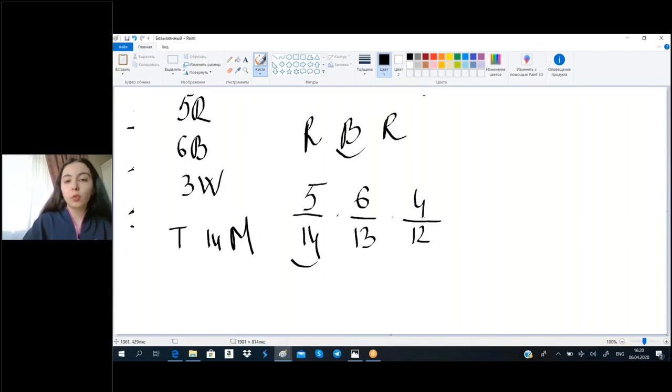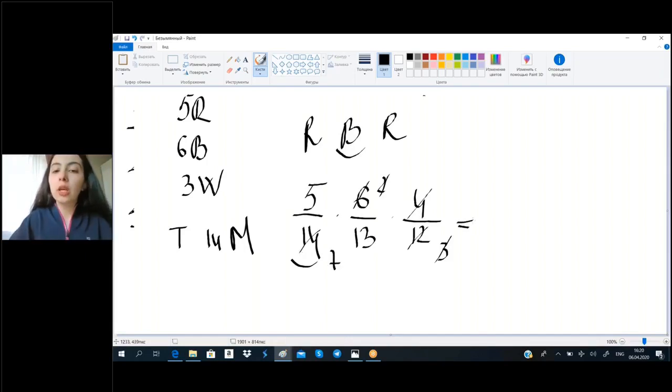So 4 and 12 will cancel out. We will get here 3. 3 and 6 will cancel out. We will get 2. 2 and 14 will cancel out. We will get 7. And 7 multiplied by 13 will get 91 and 5 in the numerator. So the probability is 5/91.